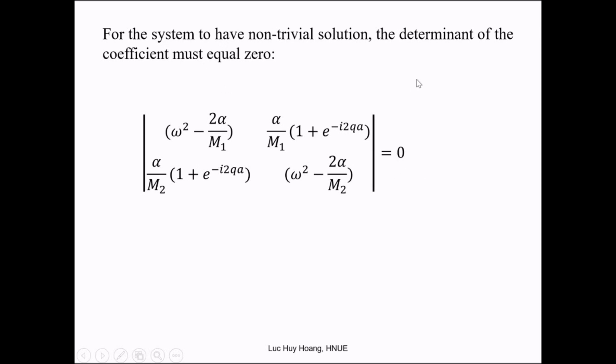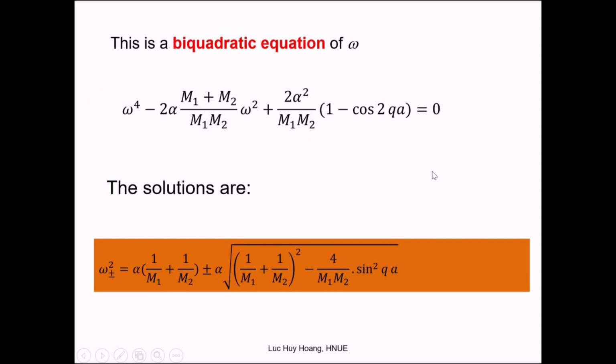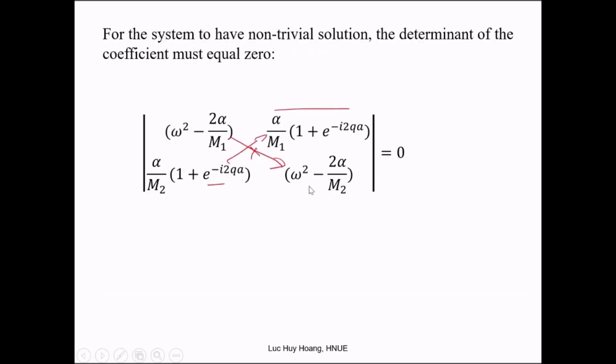We call it the determinant of the coefficients. Now you know how to solve this determinant: the diagonal term times the diagonal term, then minus the product of the off-diagonal components. Then we have this equation, and we can solve the determinant equal to 0.